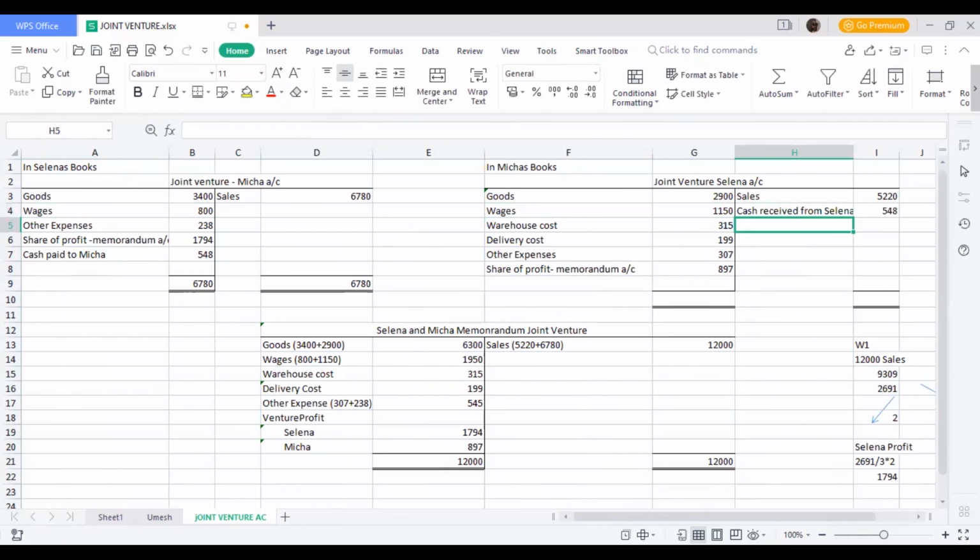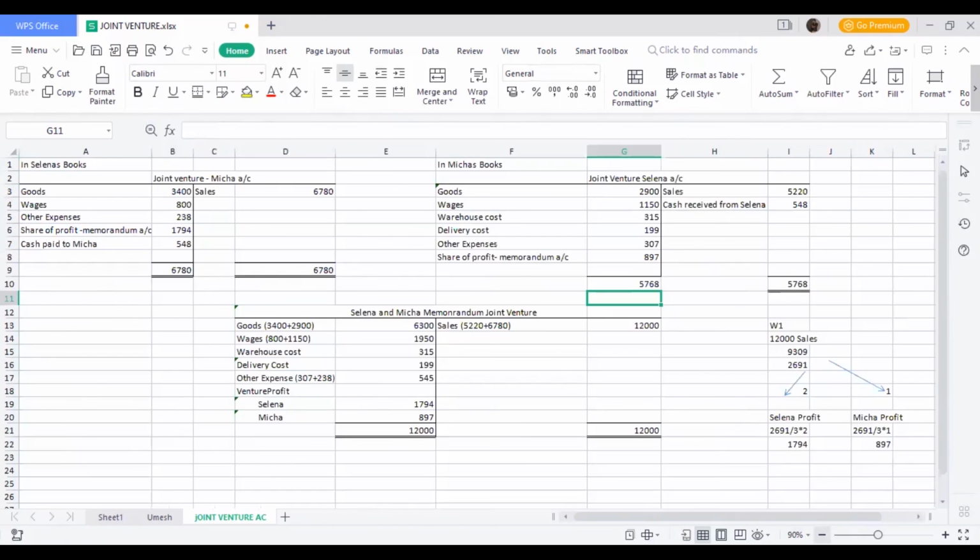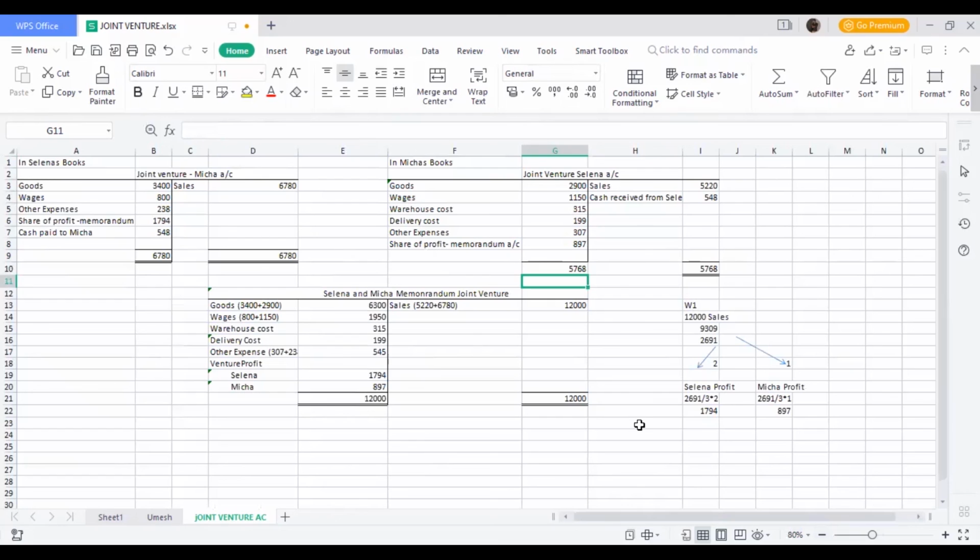So now you might see this account will balance, 5,220 plus 548 is going to be 5,768. And on the credit side also it will balance, 5,768. Which means if it doesn't balance, the second account, your sum is completely wrong. Somewhere you have messed it up. So this is the complete picture of what we have done. Can you please take it down? Did you understand this part?